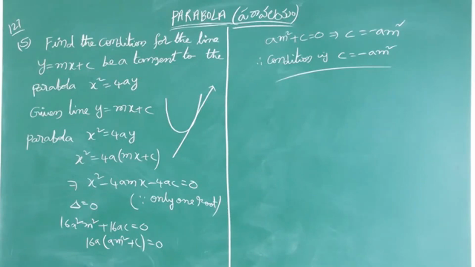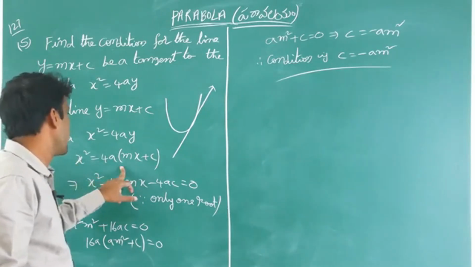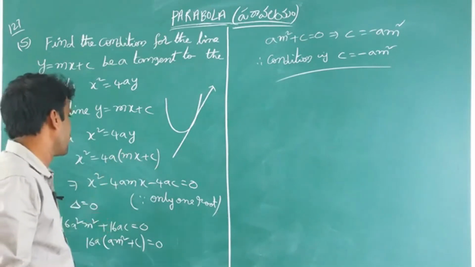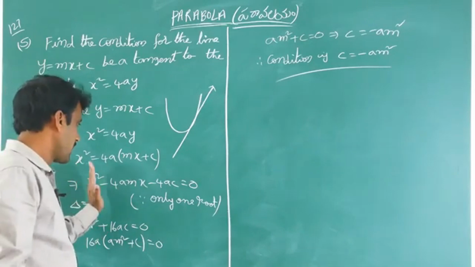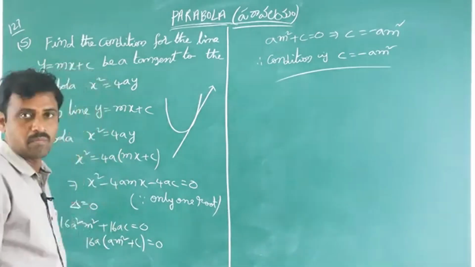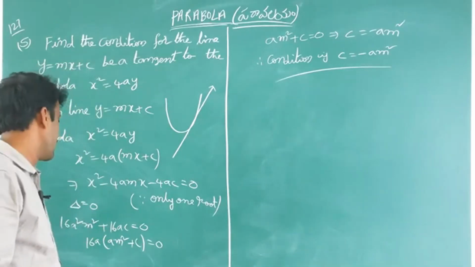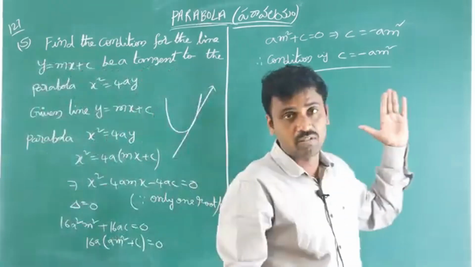Condition for the line y equals mx plus c to be tangent to the parabola x square equals 4ay: that is x square equals 4a into mx plus c. Transferring to the left side, x square minus 4amx minus 4ac equals 0. Only one root, so discriminant equals 0, b square minus 4ac equals 0, that is c equals minus am square.